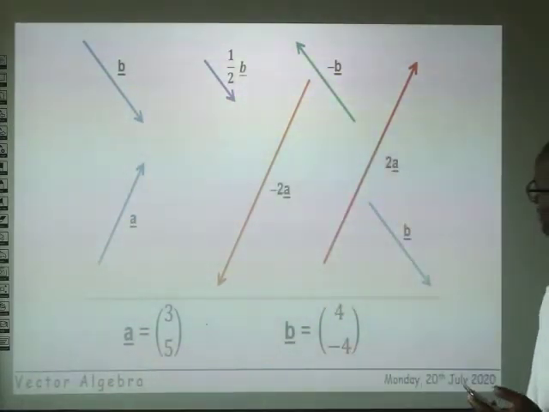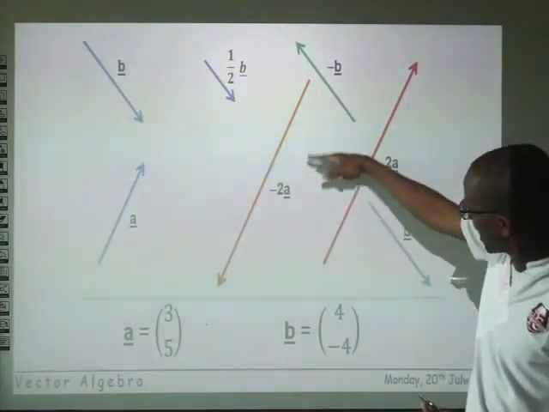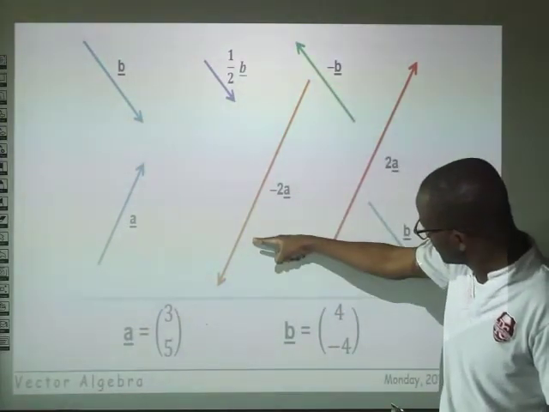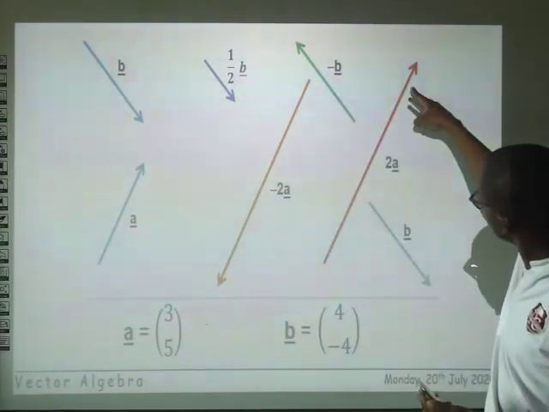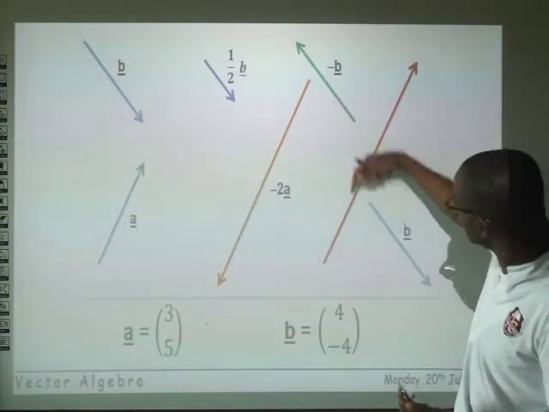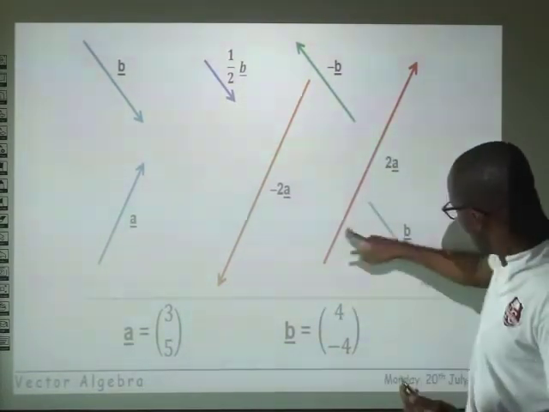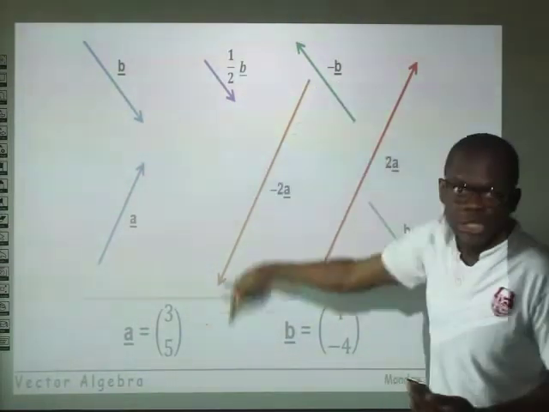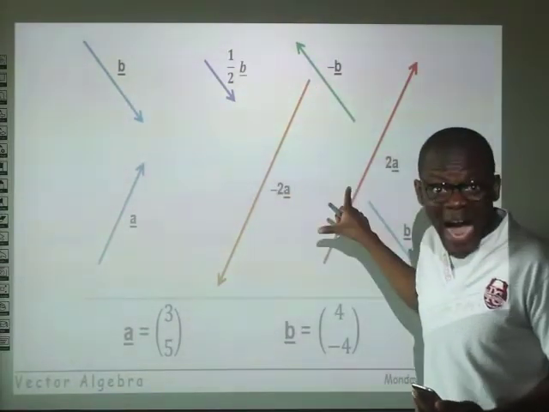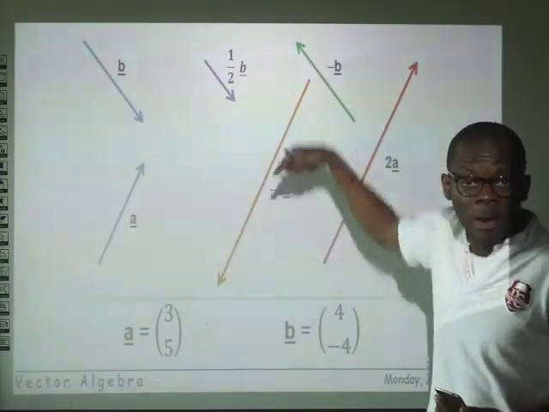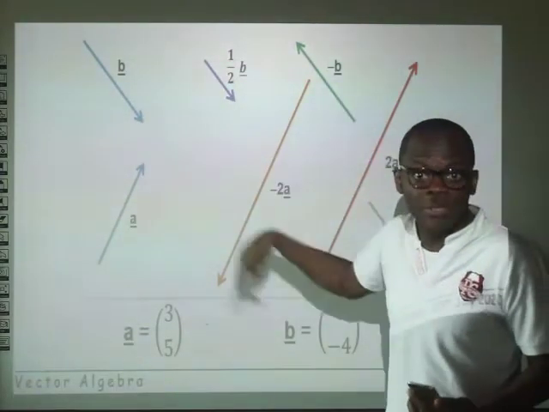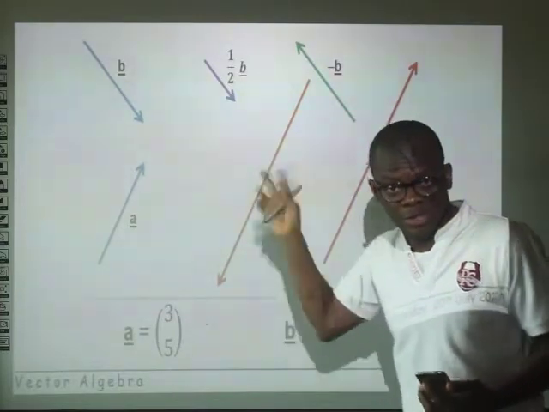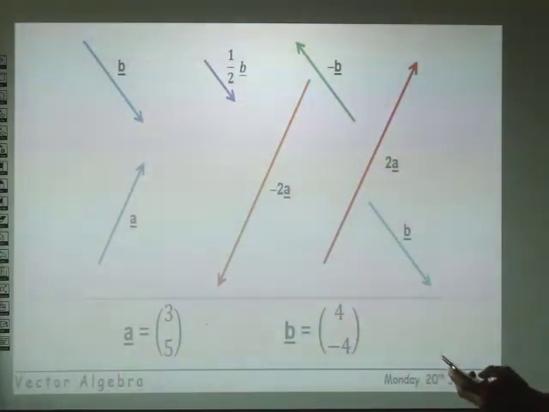And last but not least on this, the orange arrow. The orange arrow is pointing in that direction. You can see it's exactly the same size as this, but it's pointing in the opposite direction. So while the red arrow is 2A, the orange arrow is minus 2A. Same size, or the same magnitude, but pointing in opposite directions. Okay, just take note of that. Let's move on.